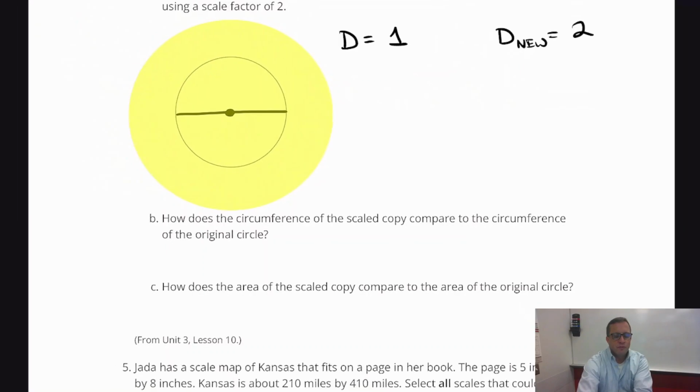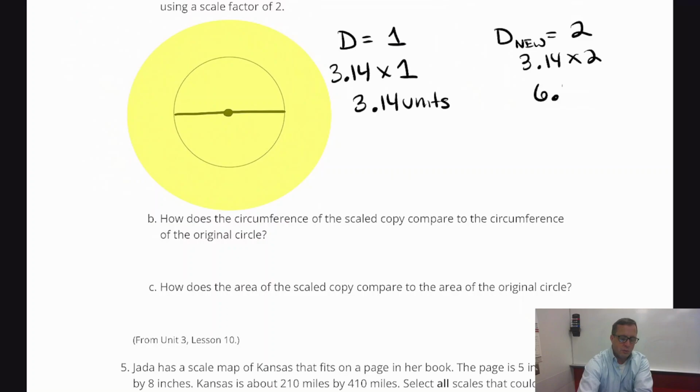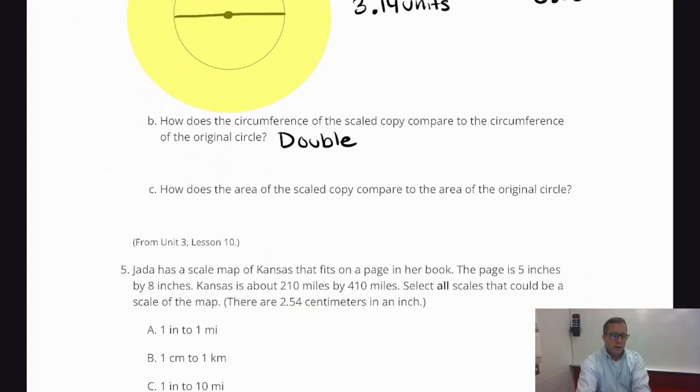It's double. So this one would be 3.14 times the diameter, which is 3.14 units. Now this one's going to be 3.14 times 2, which is 6.28 units. So that's double.